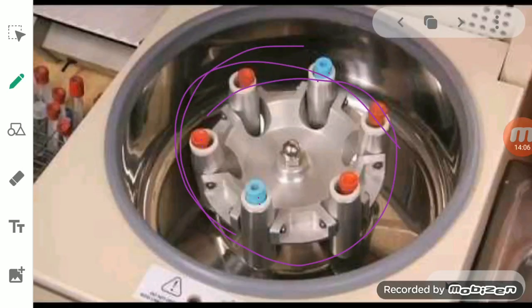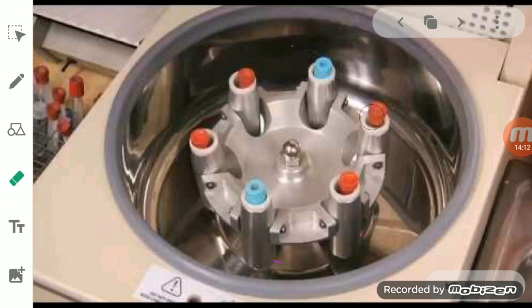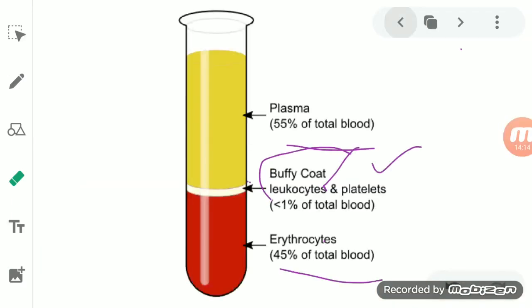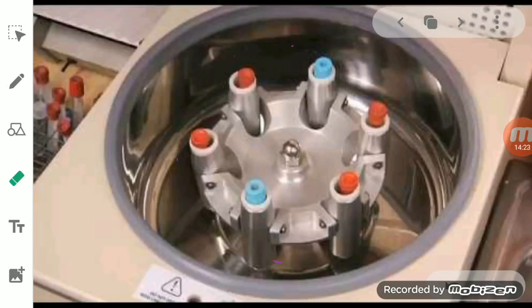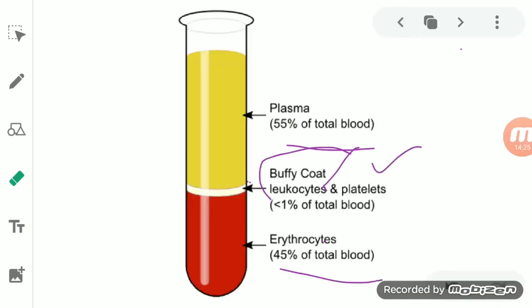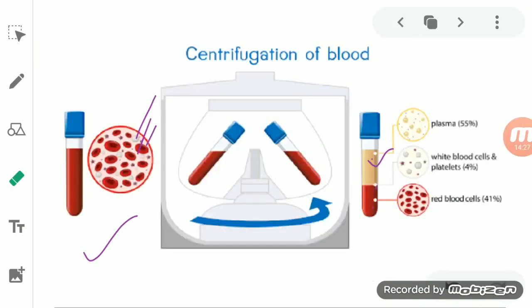When you keep this blood into the centrifuge machine and it starts rotating, the platelets, the small pellets which are present in it, start coagulating, and due to this they settle down, while the plasma, which is the lighter one, is a liquid only, a colorless liquid.